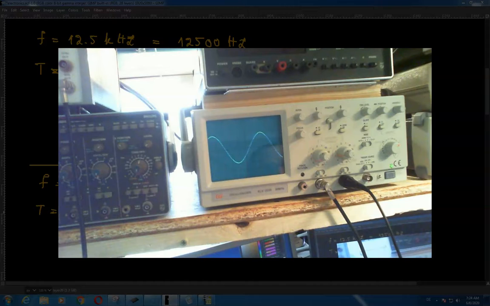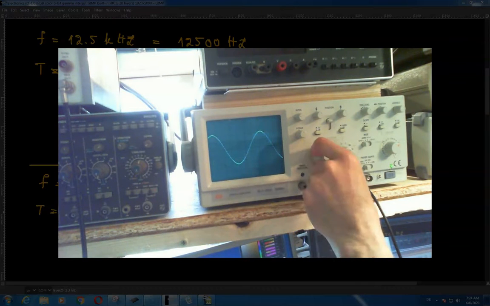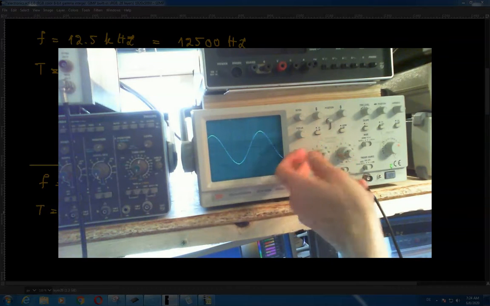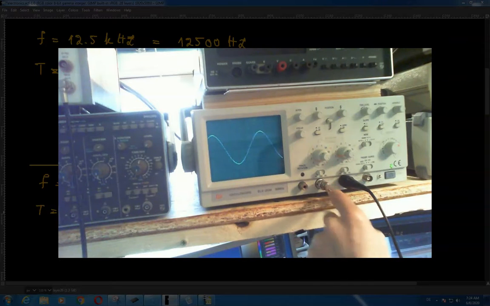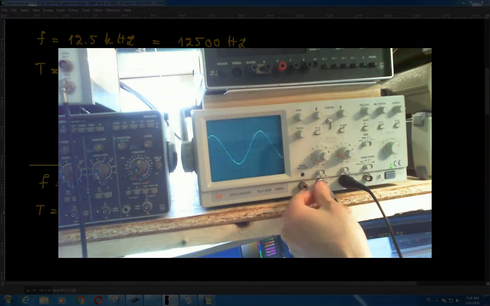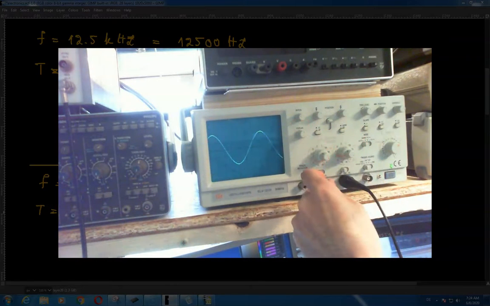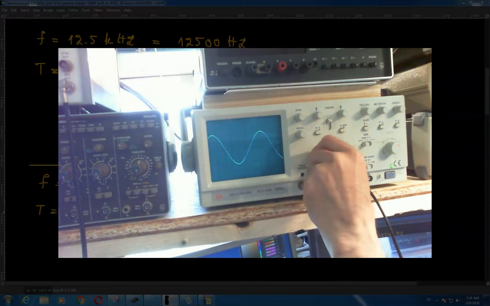Over here I can make changes to the amplitude on the signal generator, right? So this gives you less or more sensitivity based on the amplitude of the signal that comes in on this channel. If the peak to peak voltage of the incoming signal is, for example, 2 volts, then you need more sensitivity.